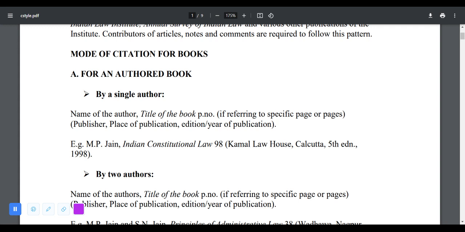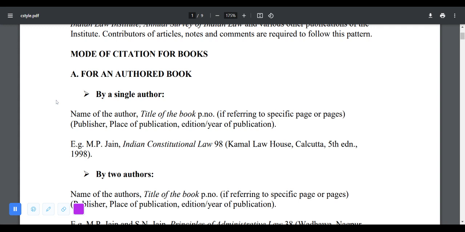If you are going through a single authored book and finding content related to your article, and you want to cite that book, you have to follow this pattern for the citation.